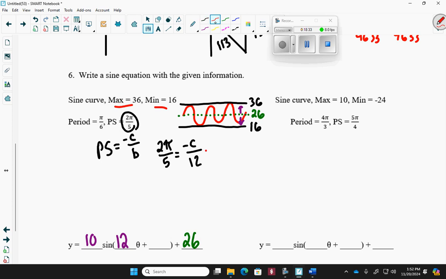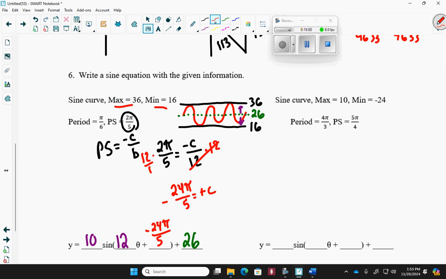You are going to multiply by 12, get it out of the denominator. So that'd be 12 over 1 times 2 pi over 5. You do the math, you get 24 pi over 5. However, if you notice that C is negative, so you've got to multiply by negative 1 or divide by negative 1. That'll give your answer, negative 24 pi over 5.